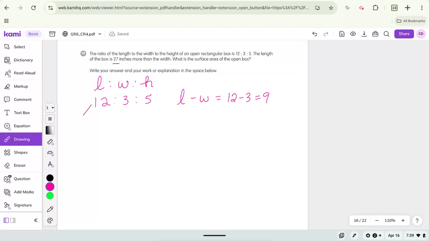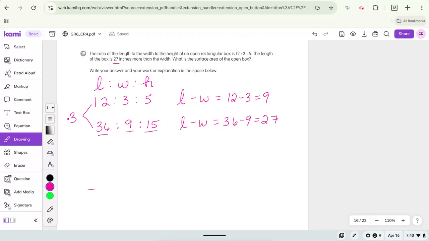So why don't we try to multiply these times 3? So 12 times 3 would be 36. 3 times 3 is 9. And 5 times 3 is 15. Now, the length minus the width is 36 minus 9, or 27. So the length is 27 more than the width. So these are our length, width, and height.